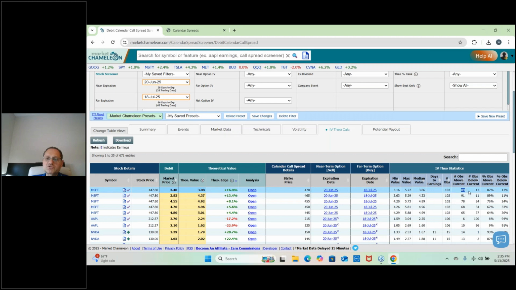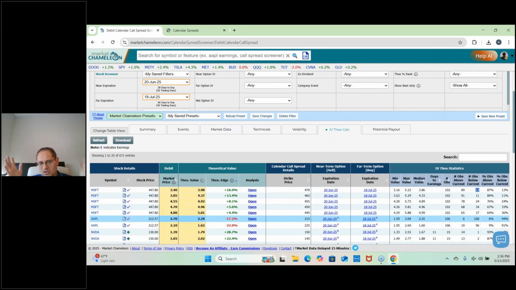So 87, 89 were above and 13 were below. Okay. So again, it's a quick way to start referencing and getting assessments of spreads and where they're priced relative to their history.